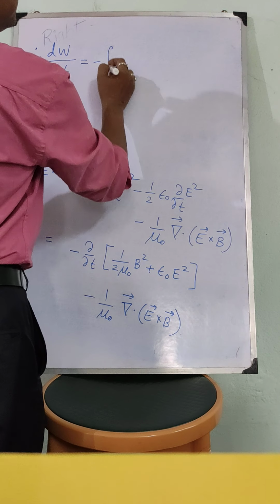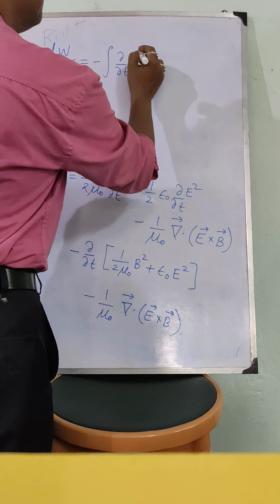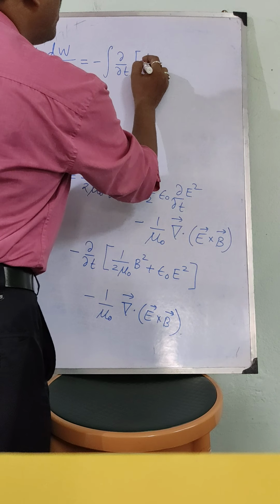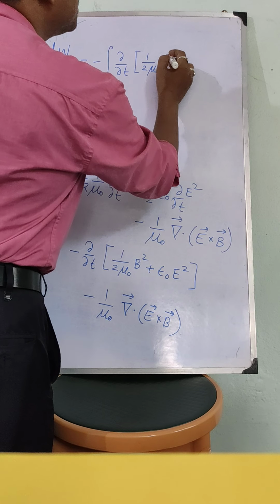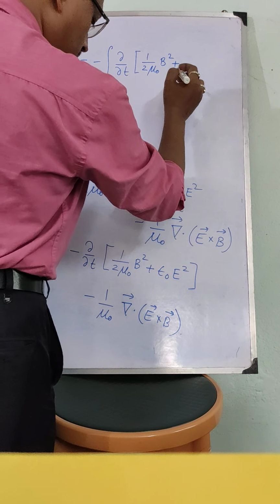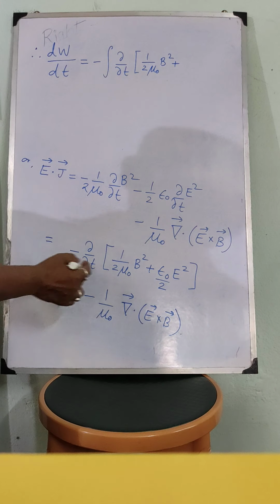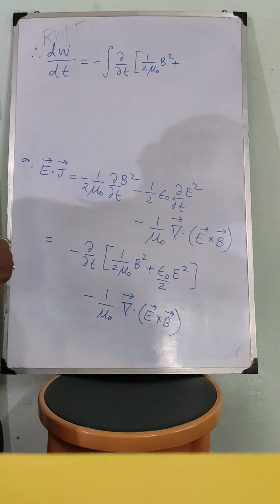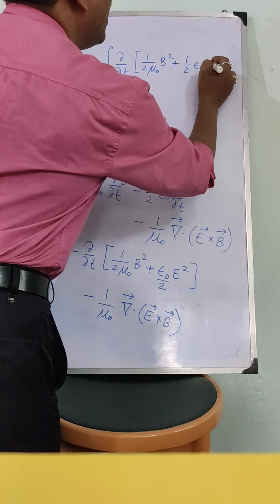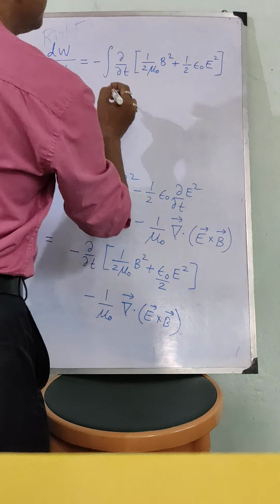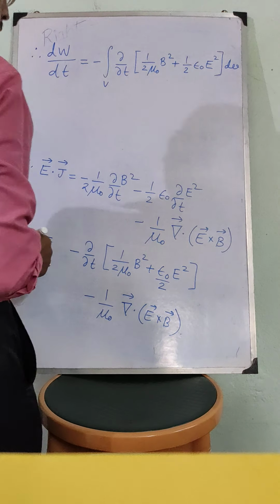So minus integration del del T of bracket 1 by 2 mu 0 B square plus half of epsilon 0 E square bracket, this is over volume V dV, this is a differential volume element.